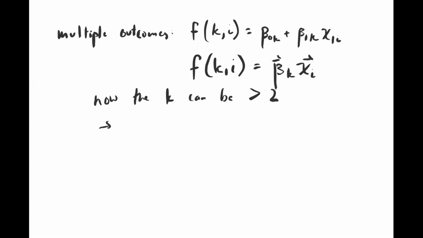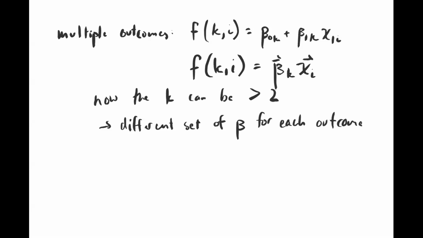And you have a different set of betas for each outcome. Okay, so this is an important distinction.